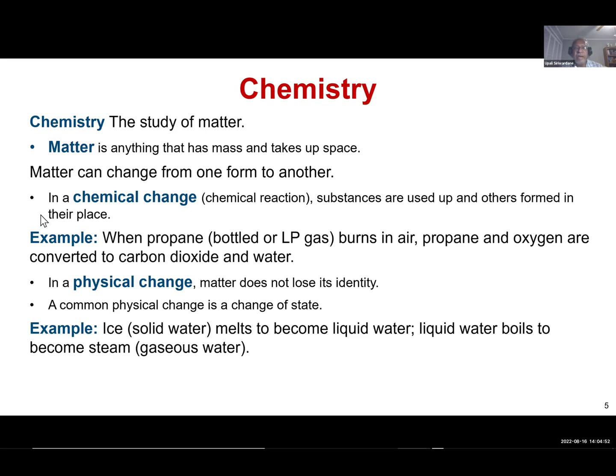Matter is defined as anything that has mass and takes up space. How many of you know the difference between a chemical change and a physical change? Chemical change and a physical change.